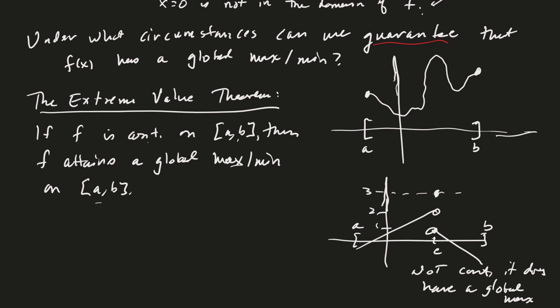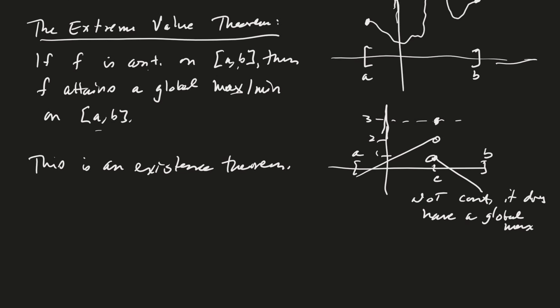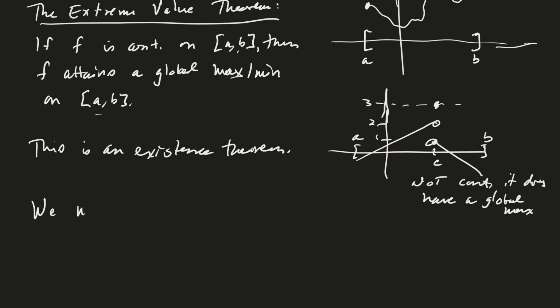Okay, one other note about this theorem. This theorem does not tell us where to find the max and min. We know that the max and min exist. This is an existence theorem. It just tells us that we have one. It doesn't tell us where to find it. And so we need an algorithm to find the global max and min.